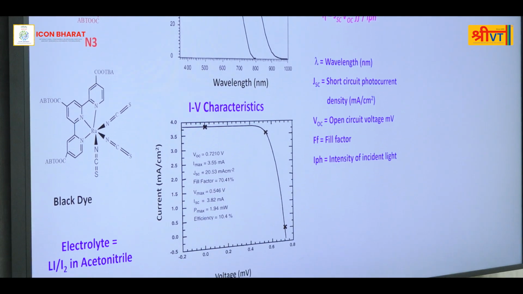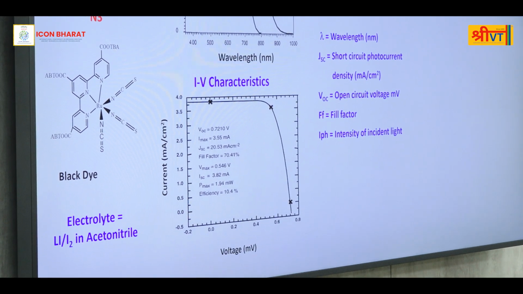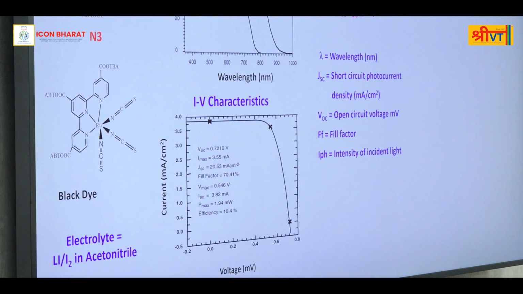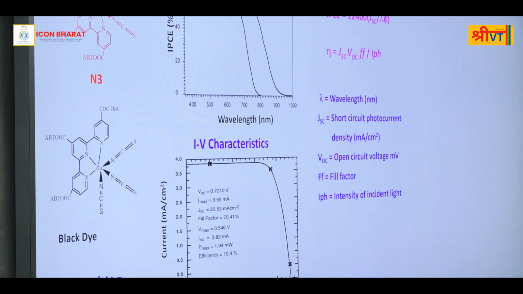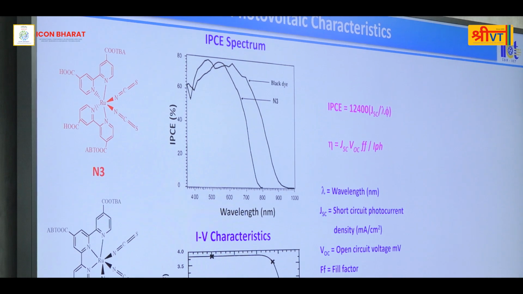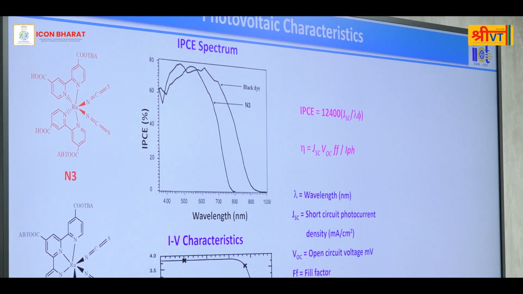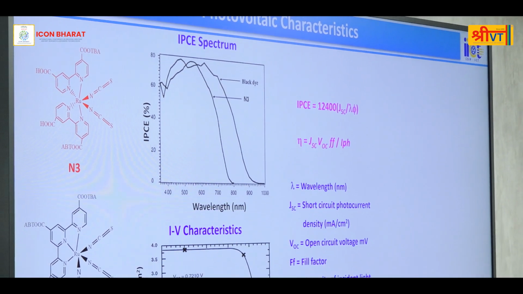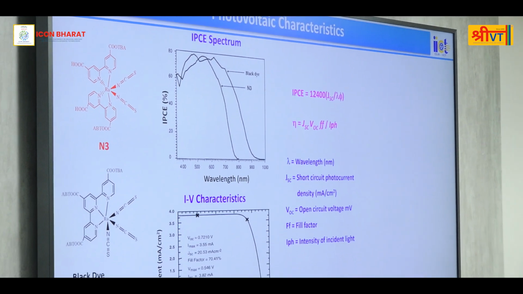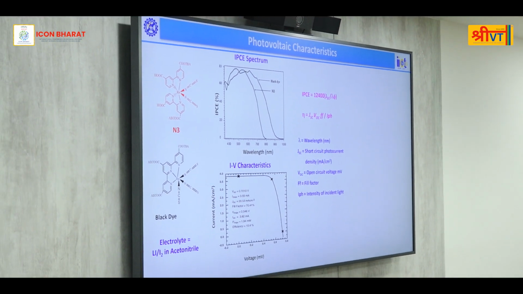The molecules are coming close together, and there are pi-pi interactions. So that is why it is very broad. IPCE is nothing but, at each and every wavelength of the absorption spectra, how many photons are absorbed and how many electrons are liberated. Which means that for any molecule having a very broad absorption, from the UV region to the near IR region, one can expect a better efficiency.